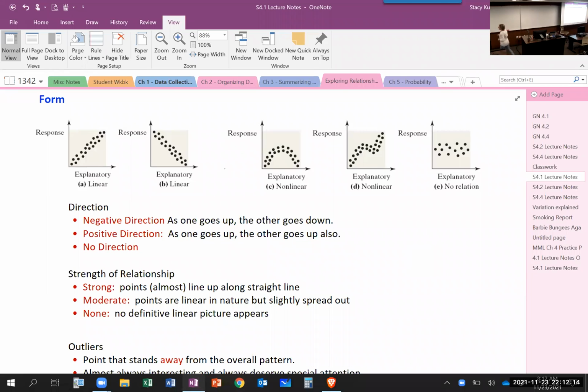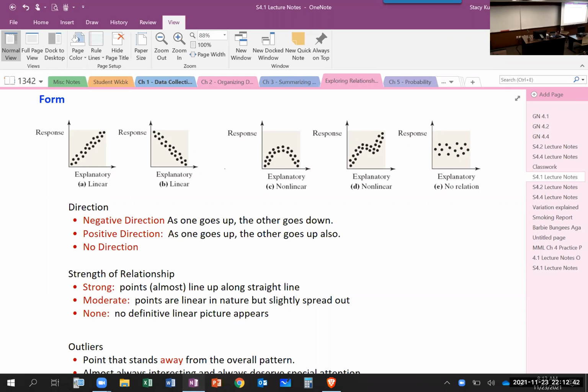Now the other pictures that you see up here, you can talk about them lining up, if you will, in some sort of shape. So here we have some sort of a curve. Some of you might recognize that as being parabolic or quadratic in shape. Okay, here we have sort of a cubic function right there, or another type of curve.